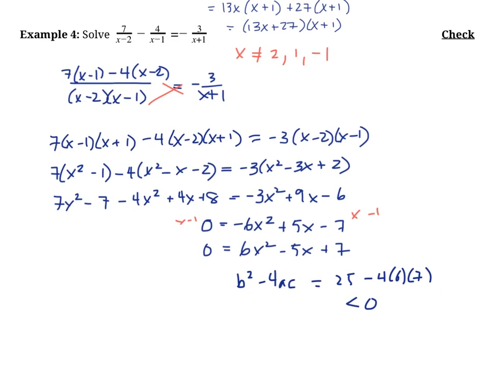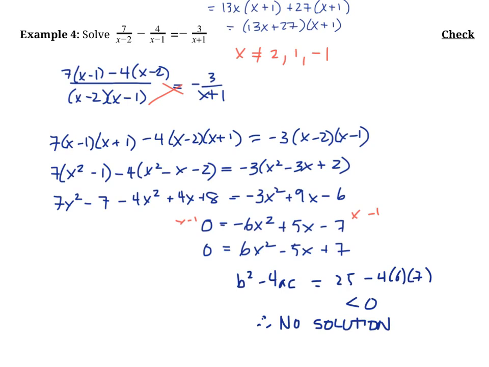So therefore, this quadratic here has no solution. Now, does that mean the equation has no solution? Looks like it, right? Because any solution for this equation up here should be in common with any of these solutions here. So it looks like there's no solution.